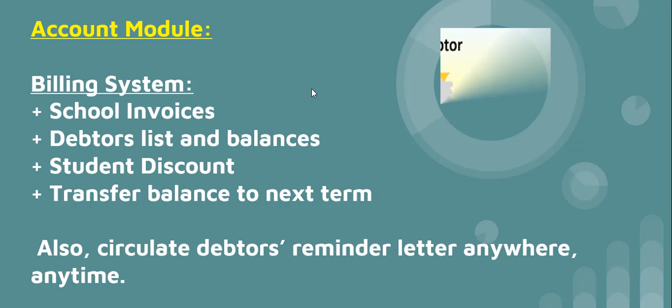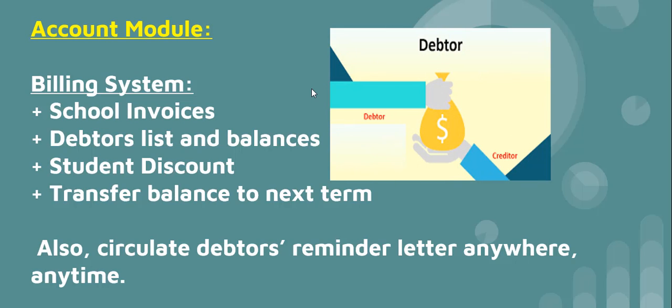Welcome to the second leg of this demonstration. In this demonstration, we're going to take the accounting module, which involves the billing system, school invoice, debtors list and balances, student discount, transfer of closing balances of student fees to the next term, circularization of debtors.